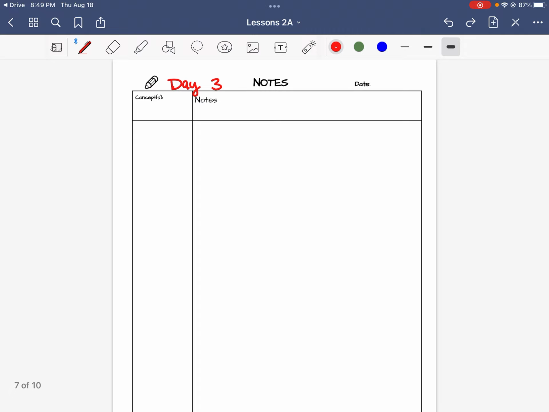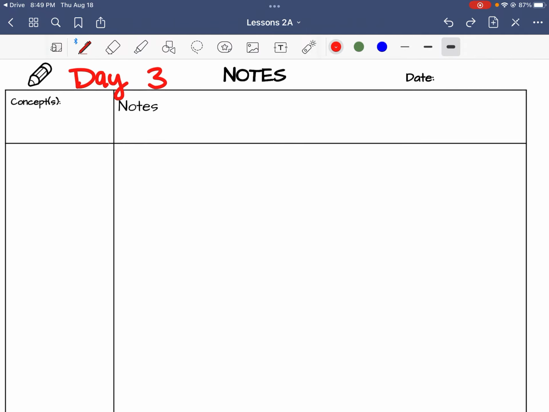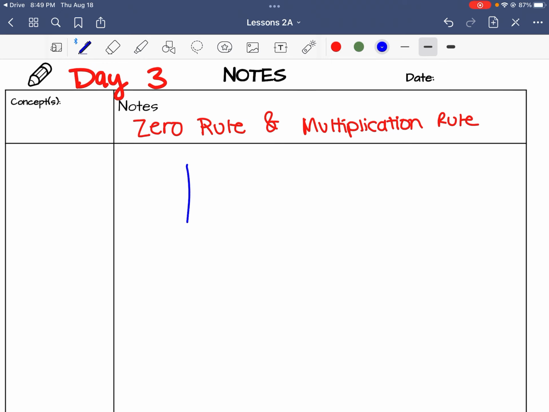So, what we're going to be talking about today are 2 things. We're going to be talking about the zero rule and multiplication rule. Now, what I would like for you to do is create a chart with 3 lines on it.